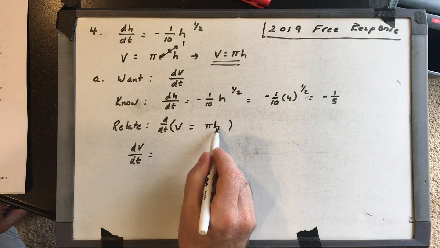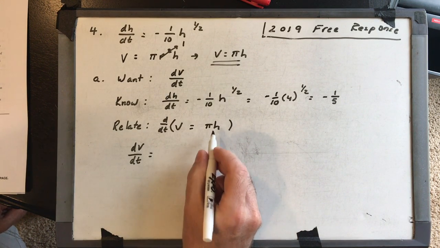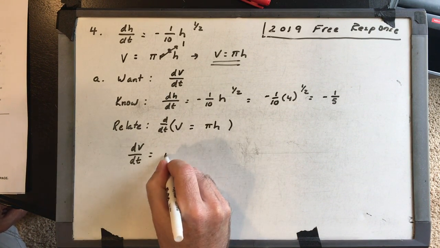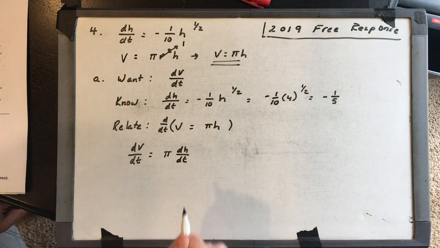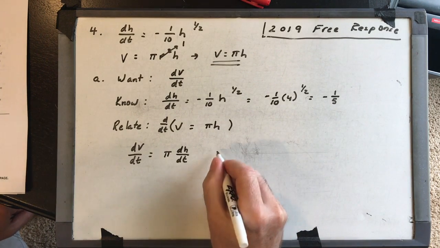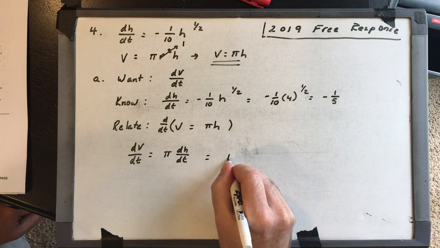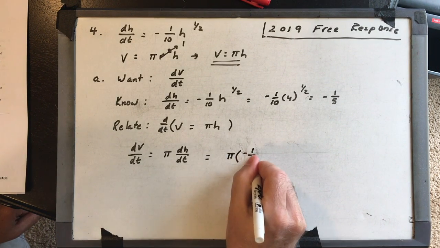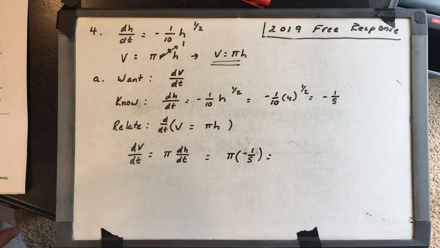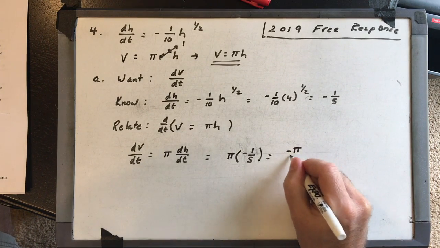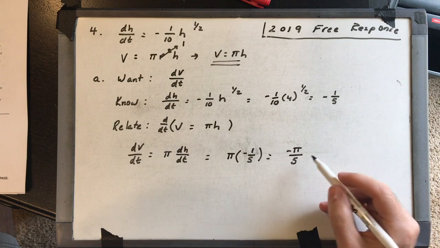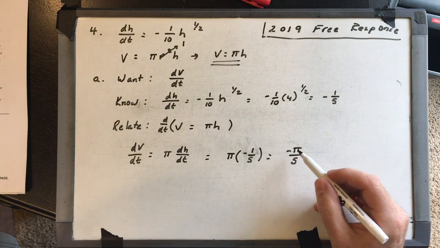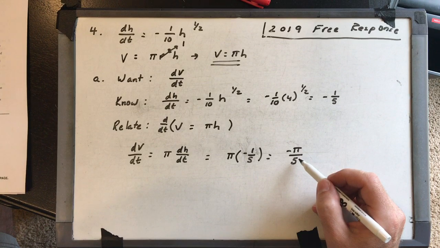That would be 1 times dh/dt, so that's pi times dh/dt. We know dh/dt is negative 1/5, so it's pi times negative 1/5, which is negative pi over 5. It makes sense that it's negative because water's draining out, so the volume's going to get lower.